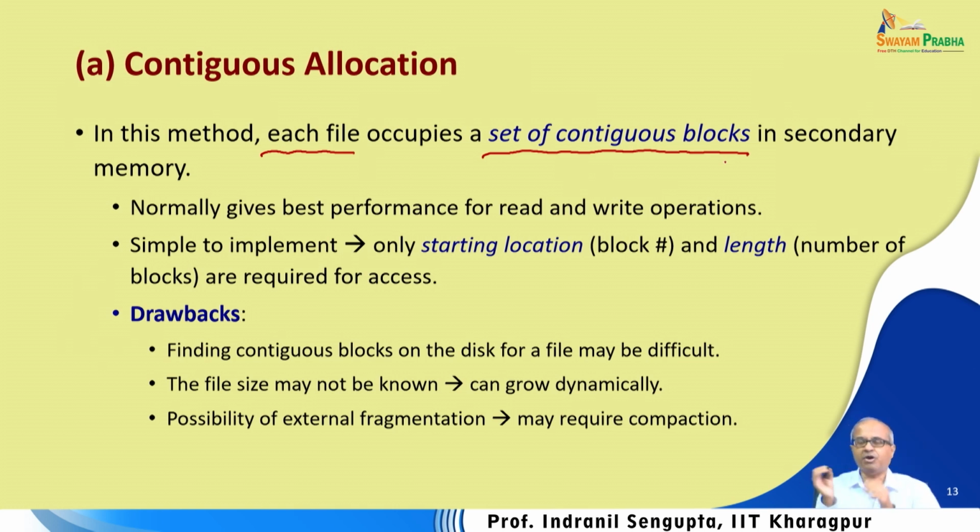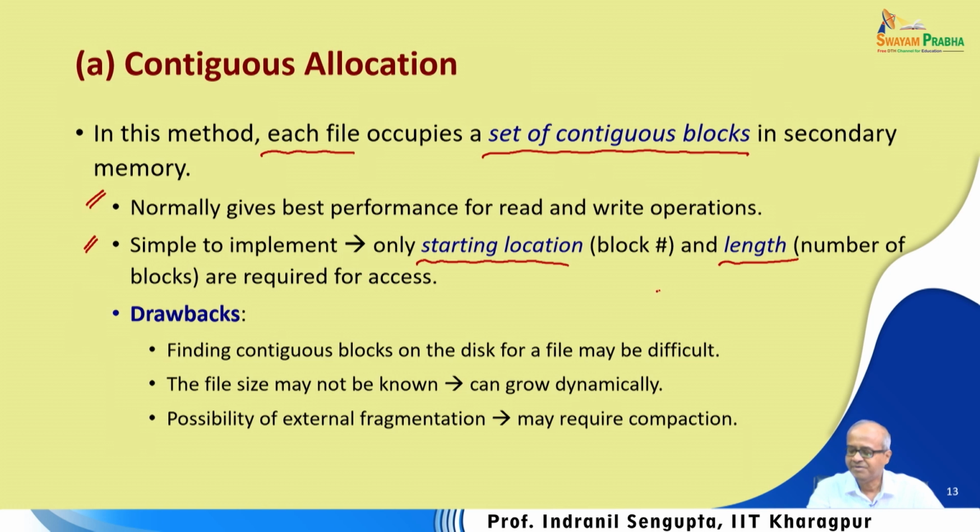Now, because the blocks are contiguous, reading and writing operations will typically be faster. So, this first point is understood. Normally, it will give better performance during read and write operations. And secondly, keeping track of the file becomes easy. You need only to keep track of the starting block number from where it is starting, and the ending block number, or how many blocks are there in the file.